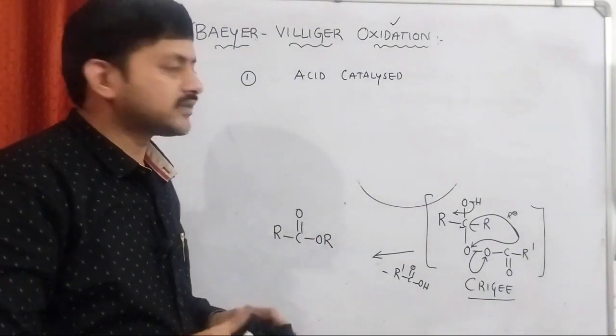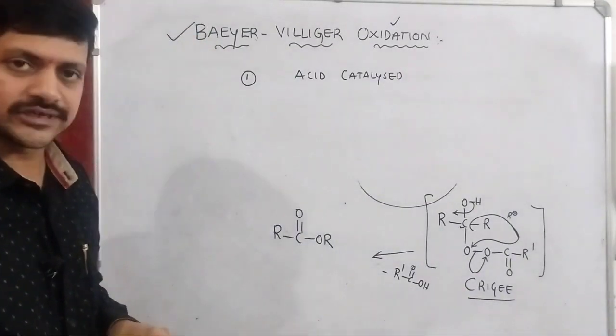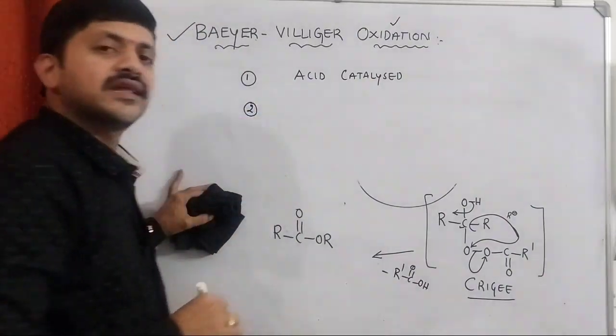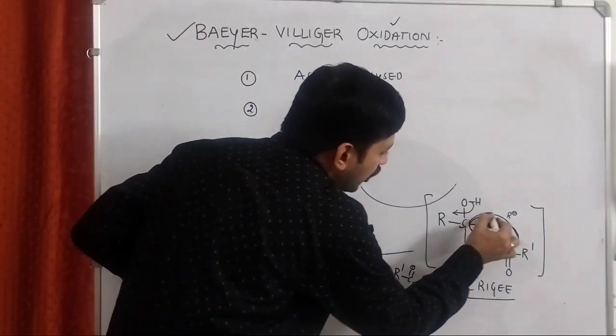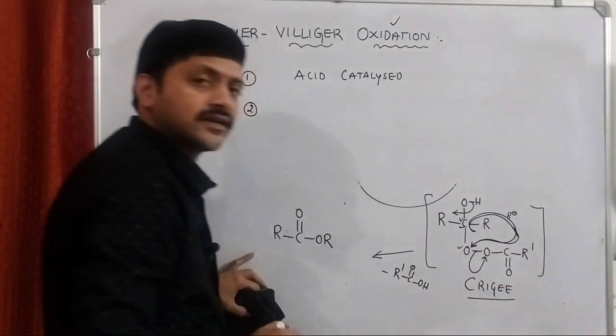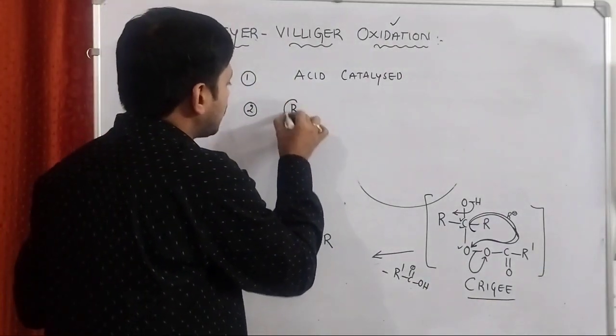That's why people say it is an acid catalyzed oxidation phenomenon. The second one: during the mechanism we are observing the migration of R group from the carbon to oxygen. Migration of R group is possible.